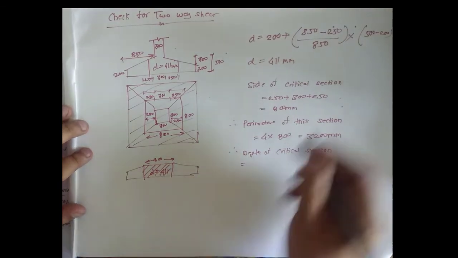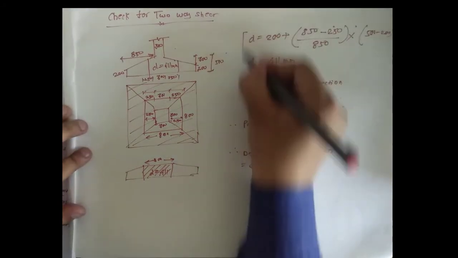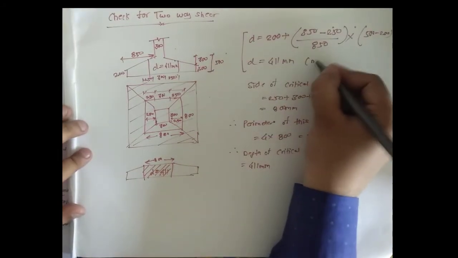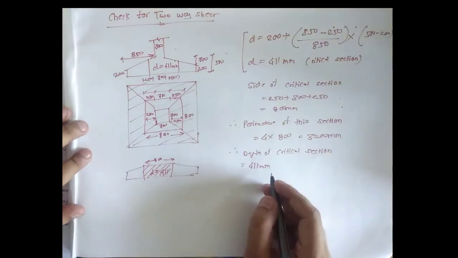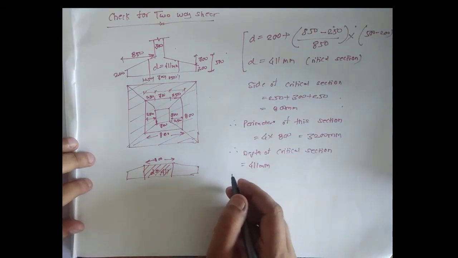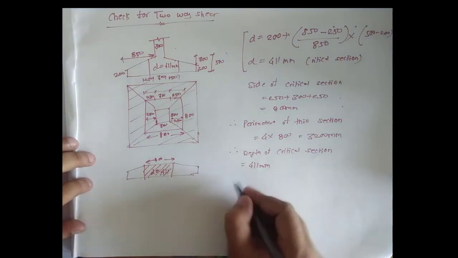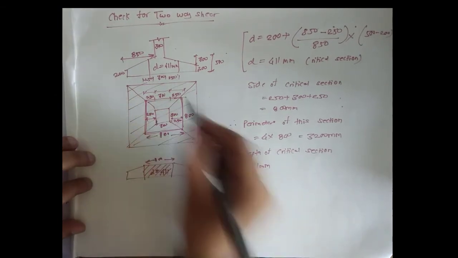Just now we have calculated, that is 411. So this is the depth of critical section. Then the area of concrete resisting two-way shear.